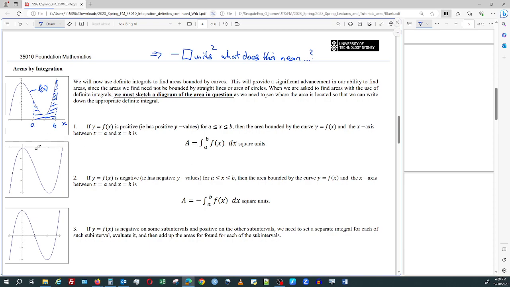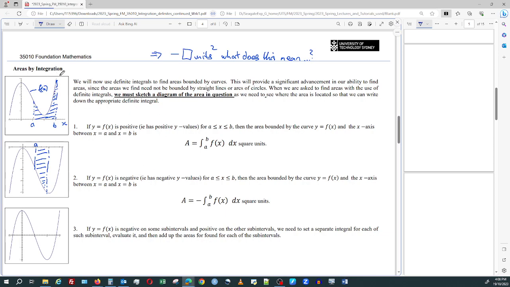In the case of an area that's under the x-axis, for this case here, what's going to happen is we will in fact get an area between the function and the x-axis, but the result will be that we will get a negative unit squared.